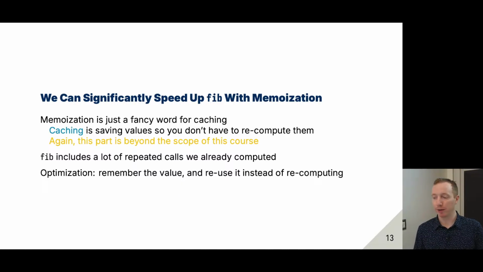So one optimization we could do, that you could probably implement right now but you don't have to for this course, is remember some old values in an array, and then if I've already calculated that value before, I can reuse it instead of recomputing it.